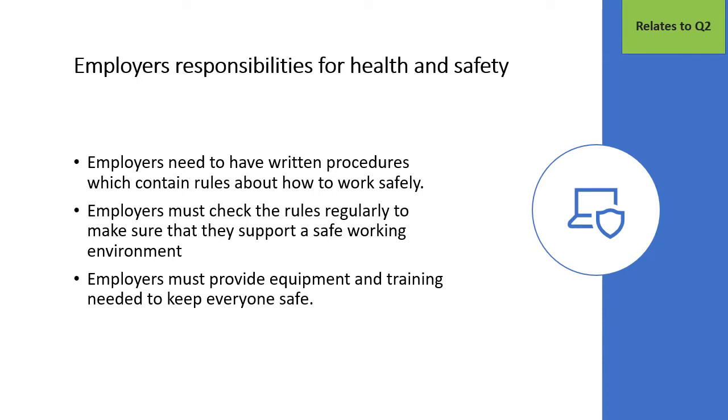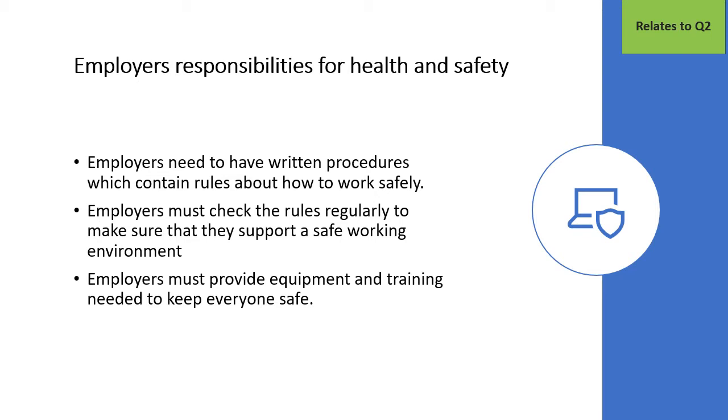So here on this slide, we have some employers' responsibilities for health and safety. So employers must have a written procedure which contains rules about how to work safely. Employers must check the rules regularly to make sure that they support a safe working environment. And employers must provide equipment and training needed to keep everyone safe.